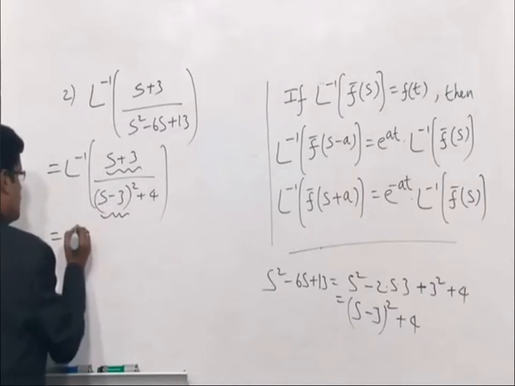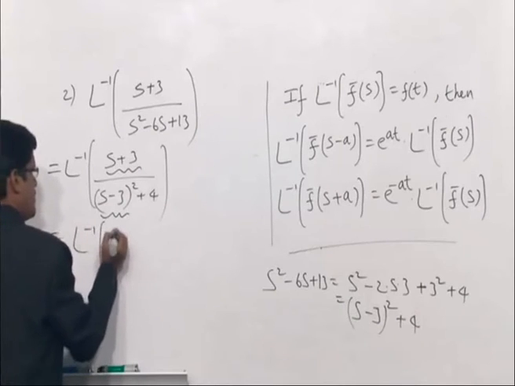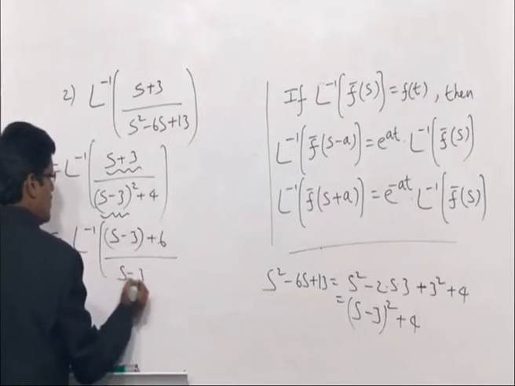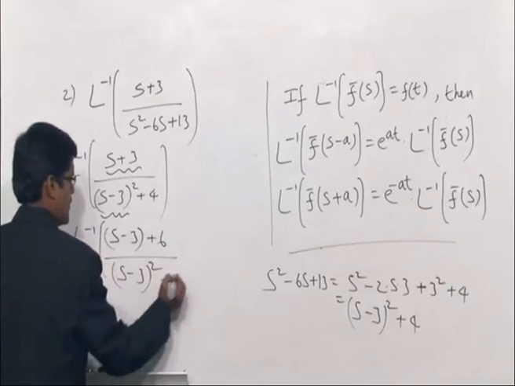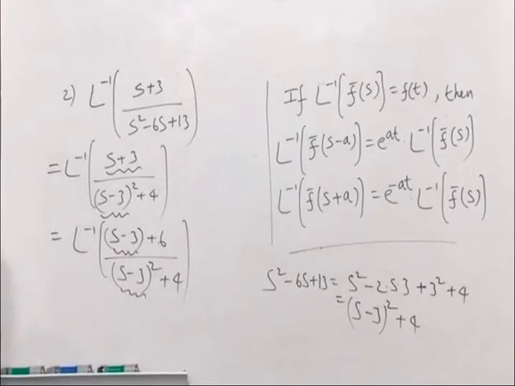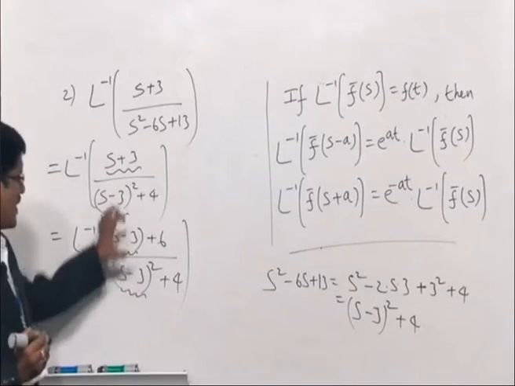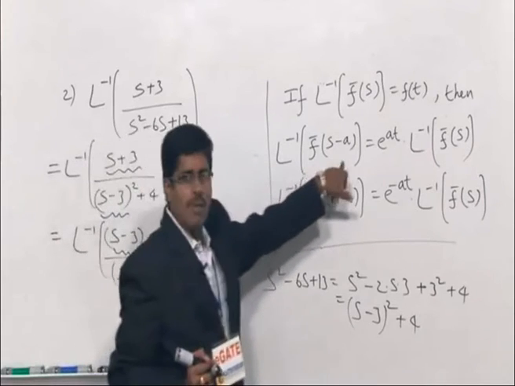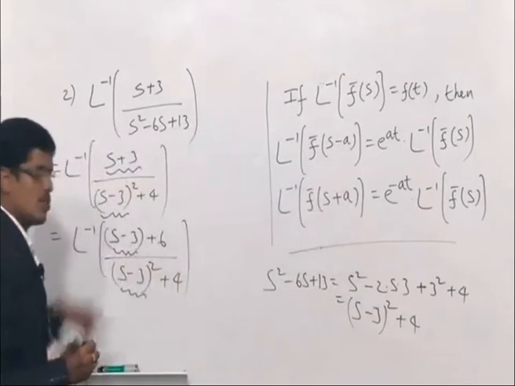So L inverse of s minus 3 plus 6, I can write like this. Now, other than the constant, wherever there is s, it is in the form of s minus a. So compare the entire function with L inverse of f bar of s minus a, where a is equal to 3.